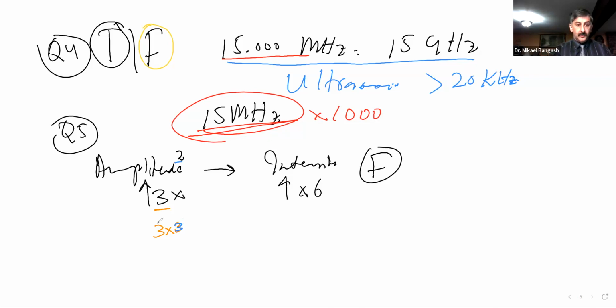So in this case, when the amplitude increases, the intensity will increase, but it's not going to increase 6 times, but rather 9 times. Did that make sense? Okay. So any number being squared just means that it is being multiplied by itself.